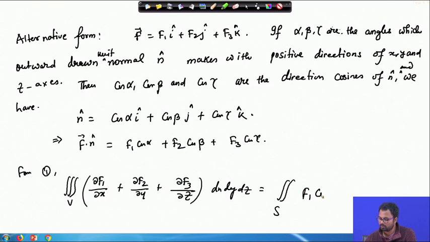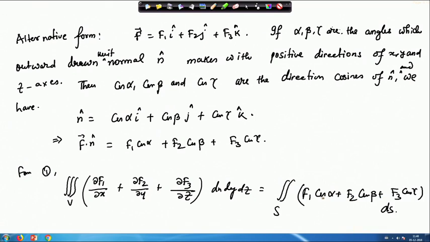So, this is F1 cos alpha, F2 cos beta and F3 cos gamma, and dS is the surface element. Depending on the cos alpha here, you can have dy dz, this one is dx dz and this one is dx dy.